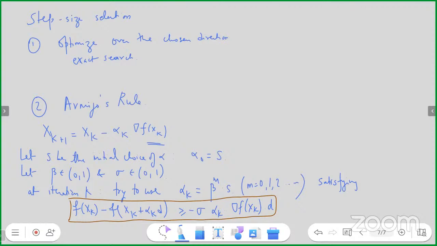I've purposefully left out an adjective to be used. So what m should I use? Because the condition in the colored box need not be true for every m. The smallest m that satisfies. Okay, why? Okay, so why not then use s?